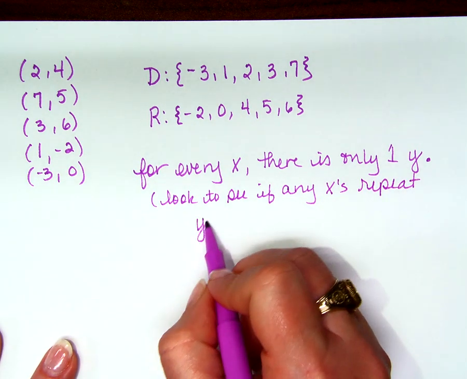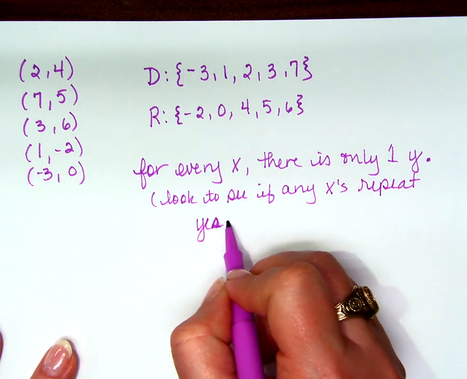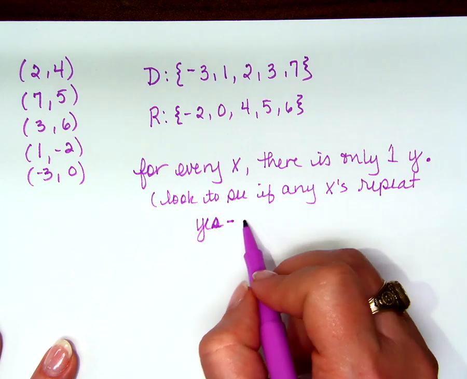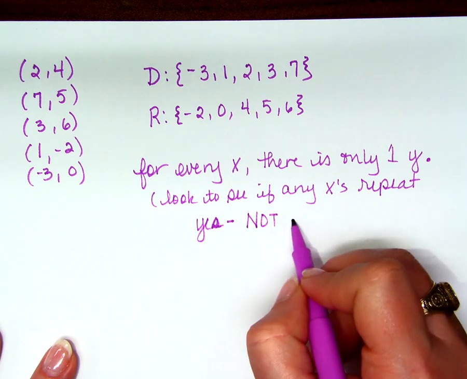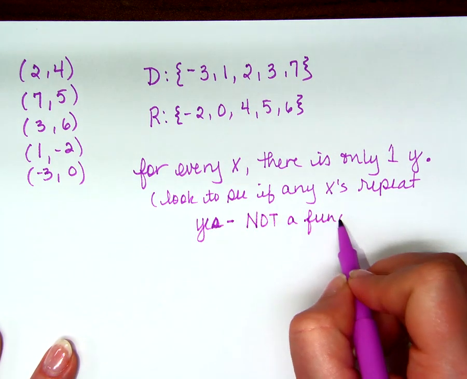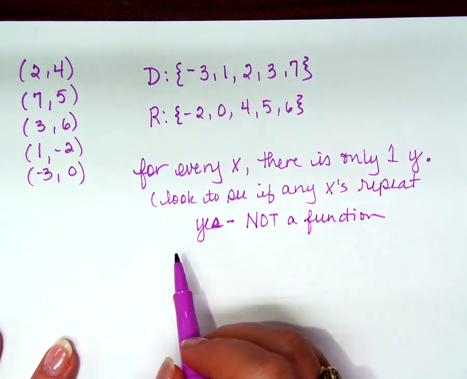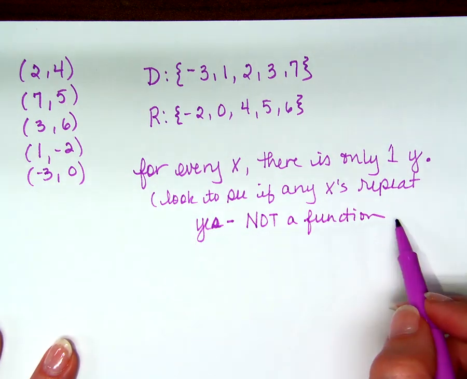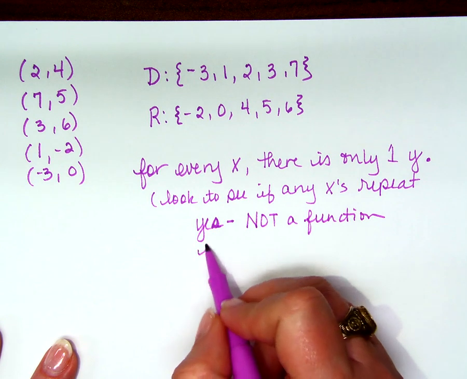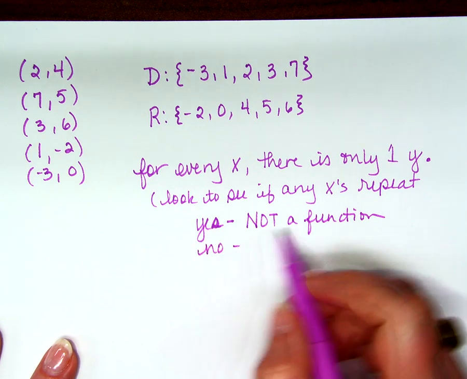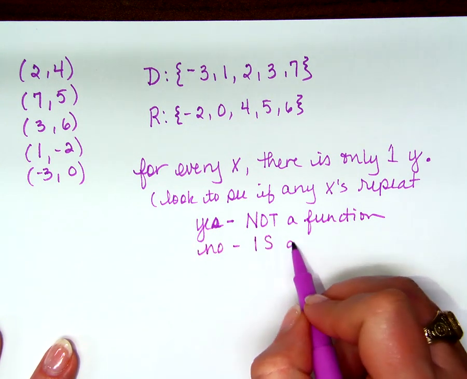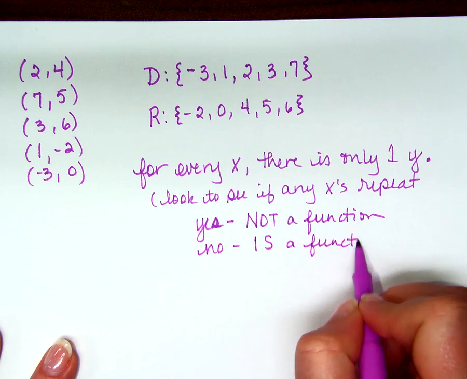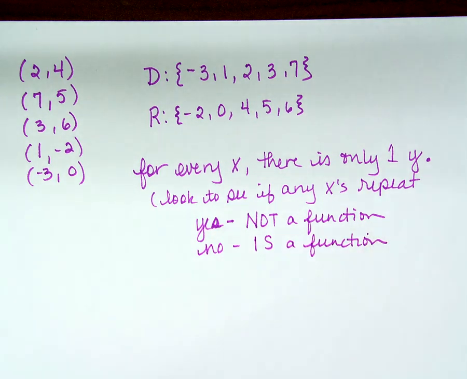If any x's repeat, then it is not a function. If I say to you, do any x's repeat, and your answer is yes, then it's not a function. If you say no, then it is a function. Does that make sense? Okay.